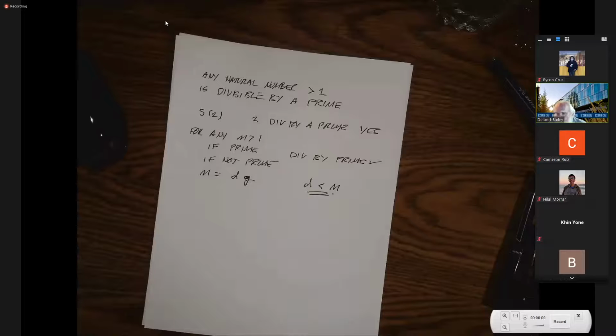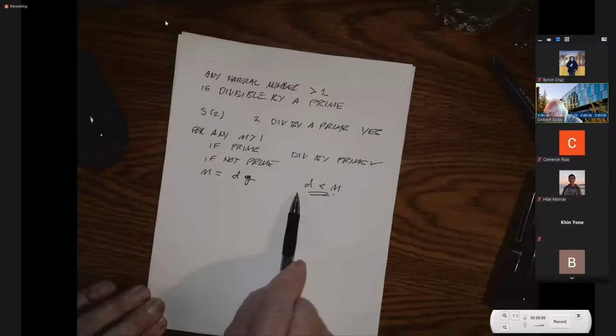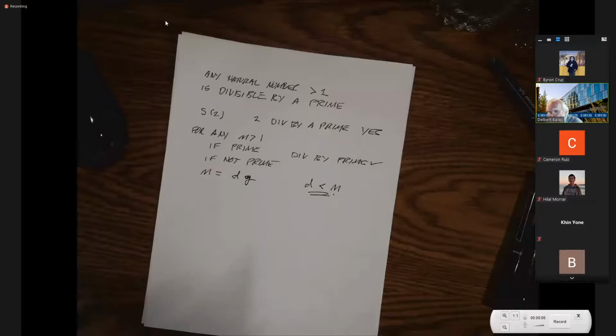And so if all we had to work with was weak induction, we'd be stuck here because we don't know that it's true for n minus 1. I mean, we don't have an n minus 1 here, but we do have something that's less than n. And the inductive step with strong induction is if we can show that making the assumption that it's true for everything less than n works, that's good.